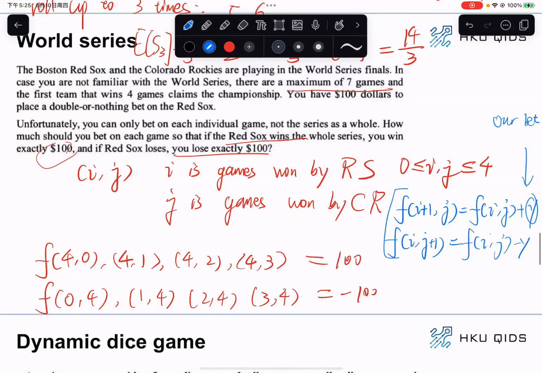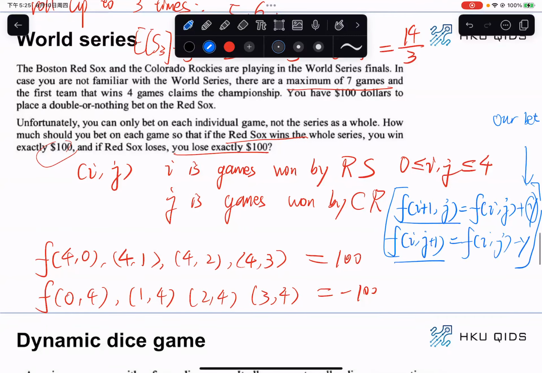And combine these two together, basically we can find there are in total 4 things, and we can know these two, right? These two we can know because we have (4,3) and (3,4), we already know that. And now we want to solve (3,3), for example. And basically if we replace these as x, y, so we have 2 variables for us to solve, and we have 2 equations, so we can solve this out.